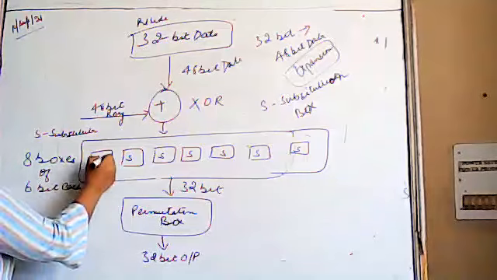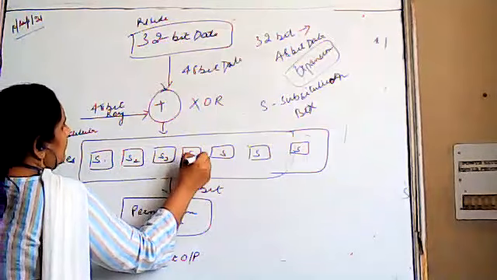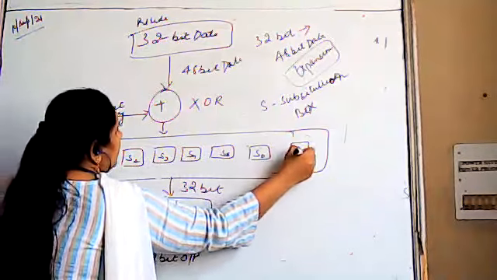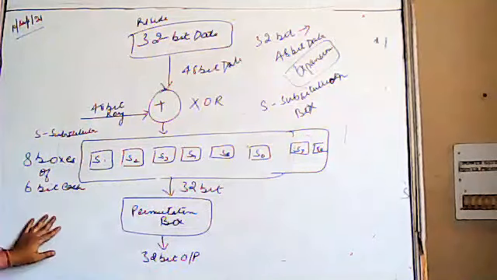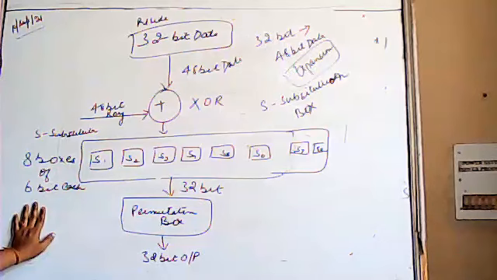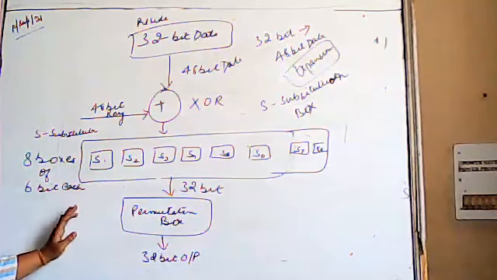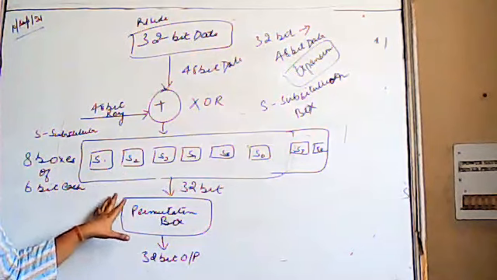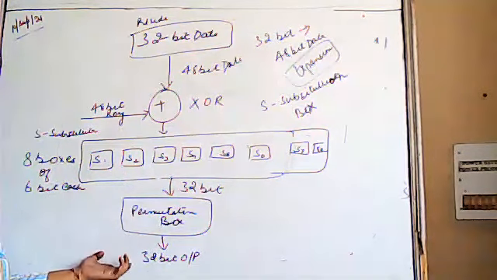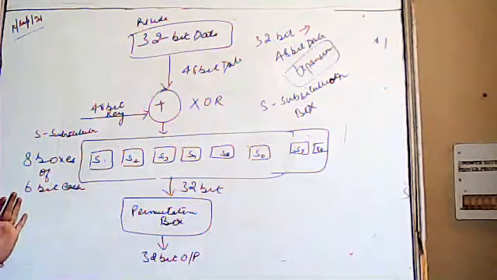As you can see, S1, S2, S3, S4, S5, S6, S7, and one more, S8. So, 8 boxes of 6 bits each. Finally, that 48-bit data is again contracted to 32-bit data because we want the output as 32-bit.